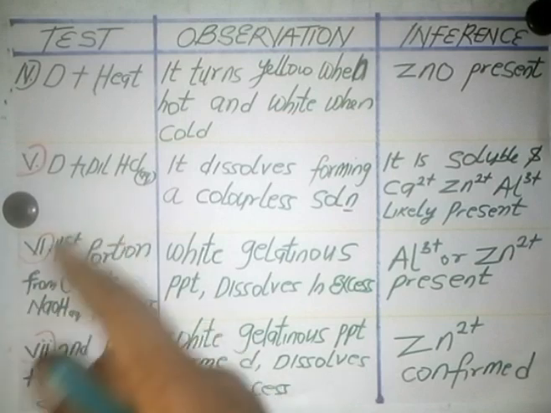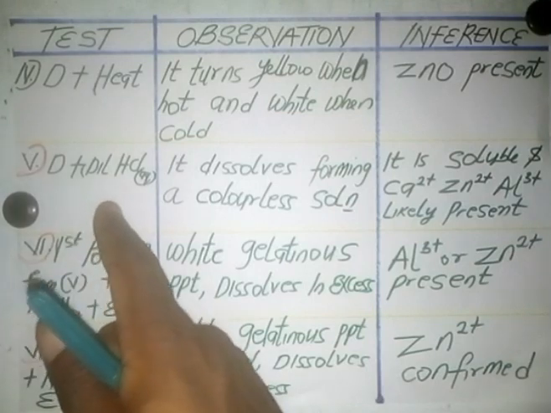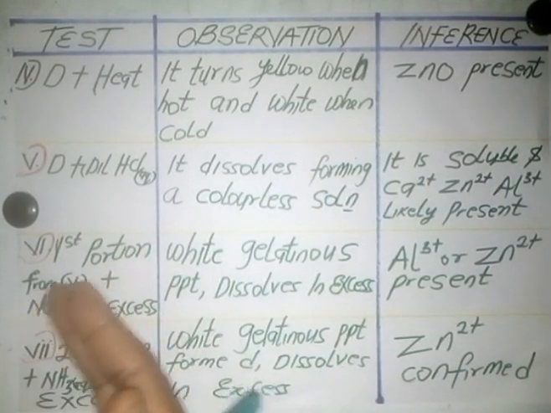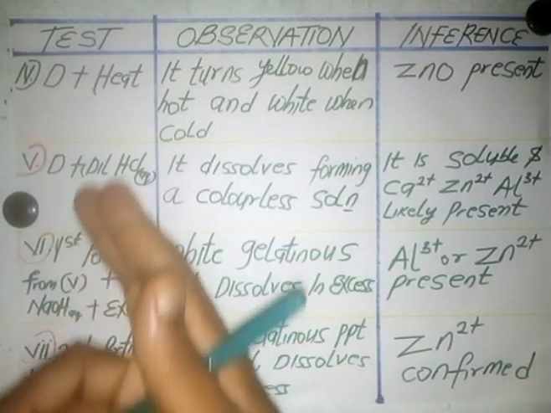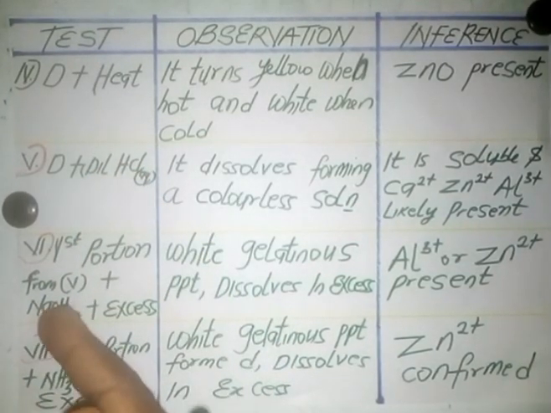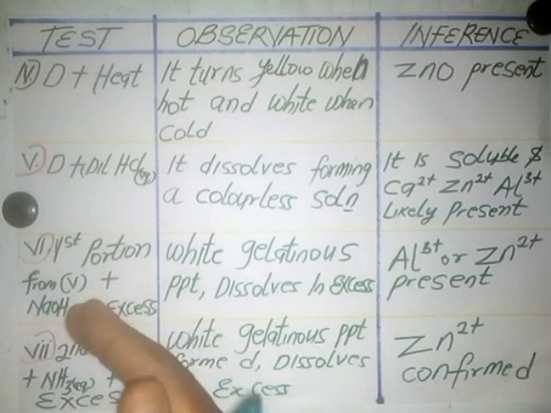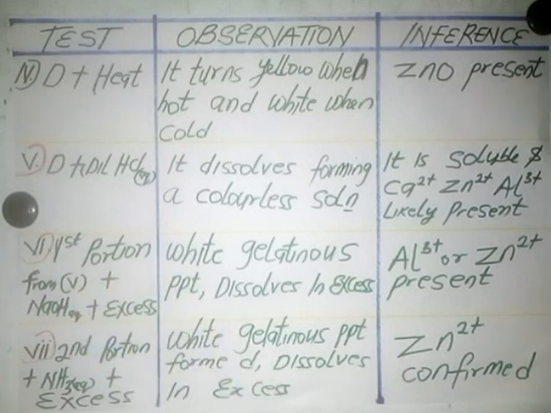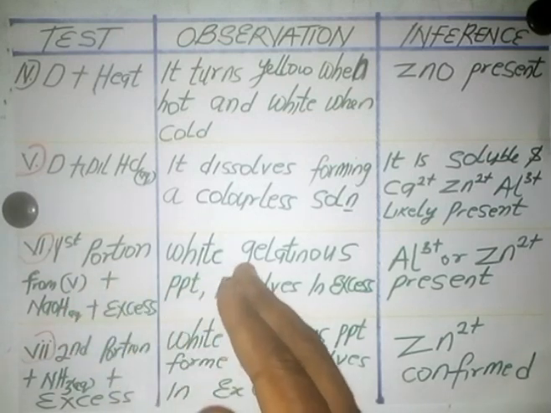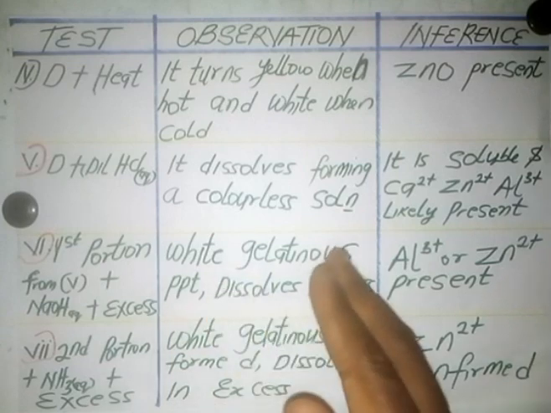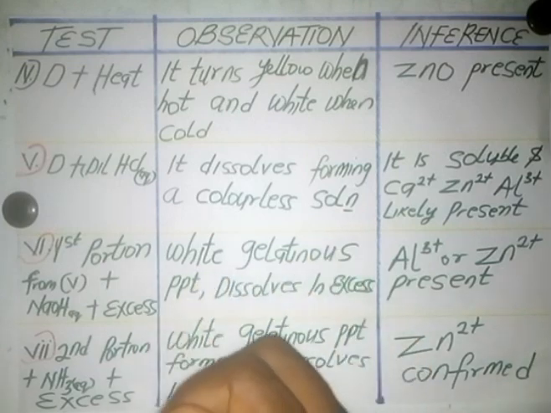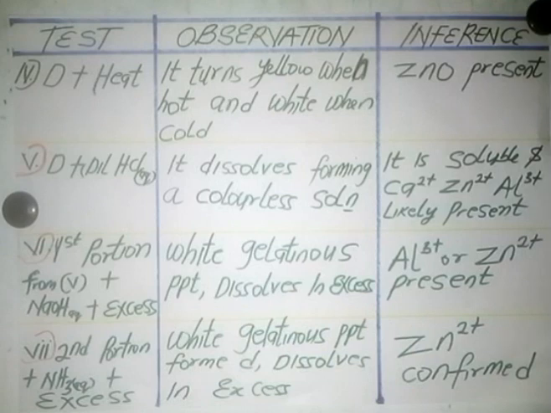So dividing this particular solution into two portions, I'm saying the first portion from here plus sodium hydroxide in drops plus in excess. When that happens, your observation is that a white gelatinous precipitate will be formed that will dissolve in excess. So the inference will be aluminum or zinc ions present.